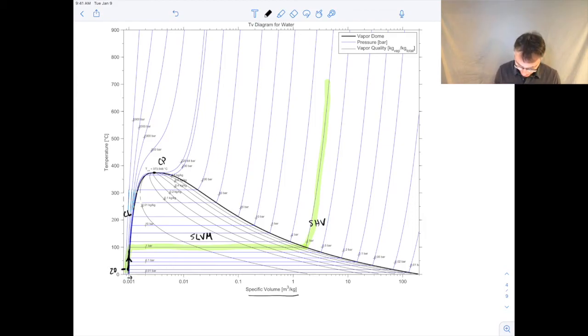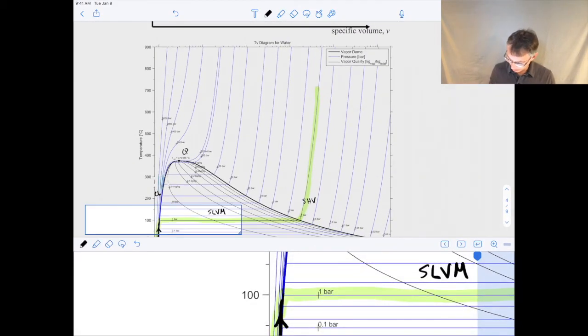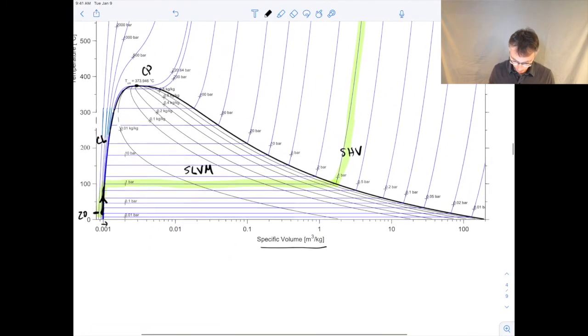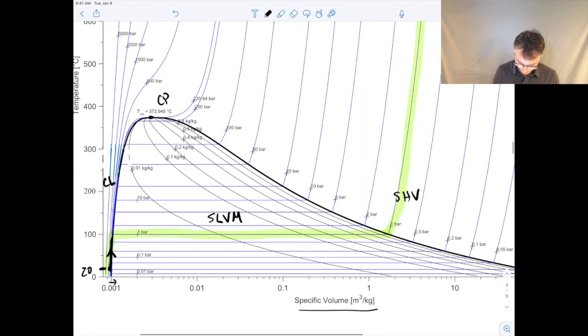And then we hit the saturated liquid line right here. So we moved up along that isobar until the temperature at 1 bar where we hit the saturated liquid line is 100 degrees Celsius, right where we expect it to boil.